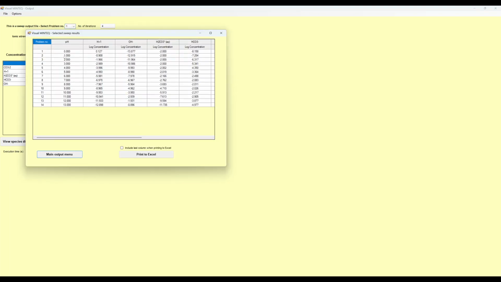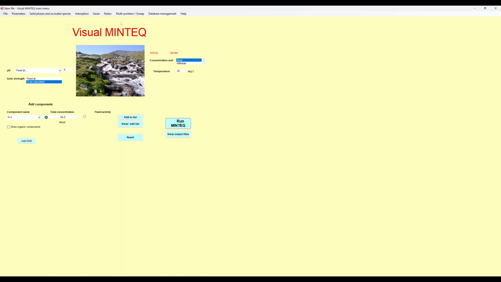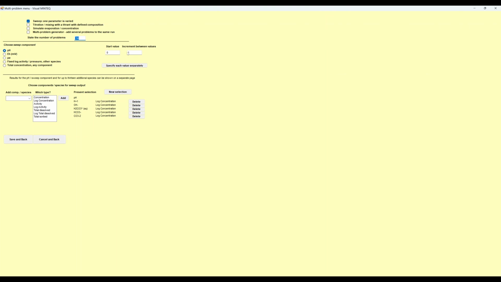If you look at that, it's giving us the pH between 0 and 14. So we had to make this point actually 15 to give us the whole range of pH. So just going back, this would be 15.